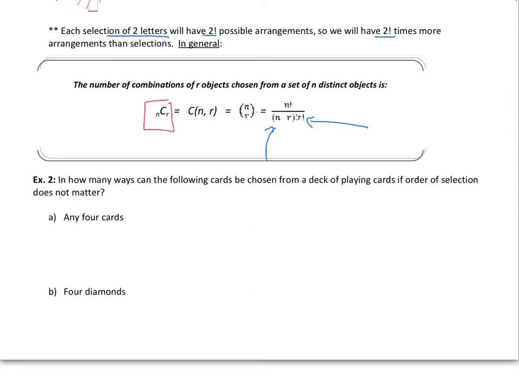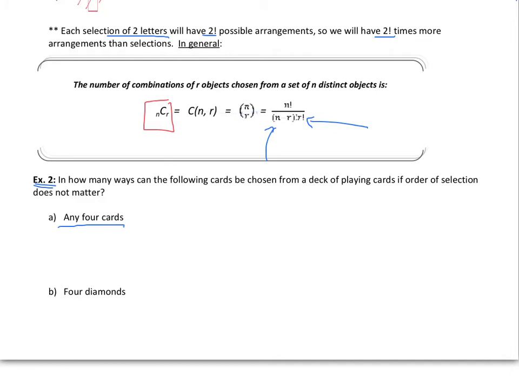Okay, so now we're going to take a look at example 2. In how many ways can the following cards be chosen from a deck of playing cards if order of selection does not matter? In part A, we are wondering how many ways we can select any 4 cards. A deck of playing cards has, of course, 52 cards, and we're just interested in selecting 4, where the order doesn't matter.